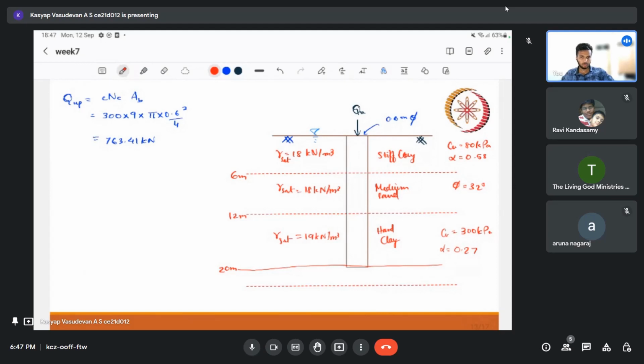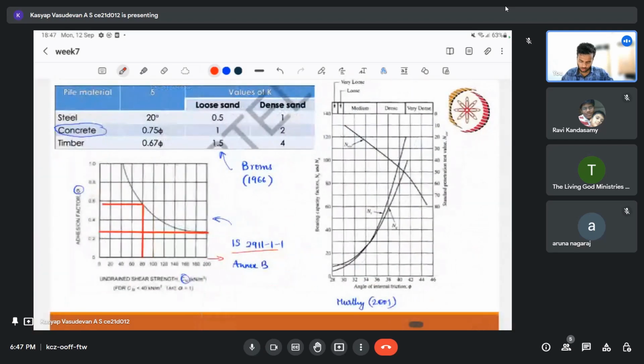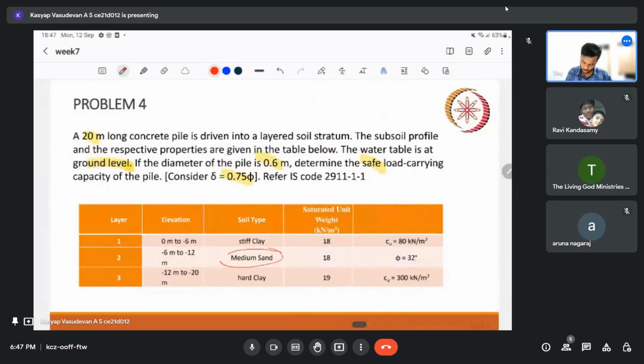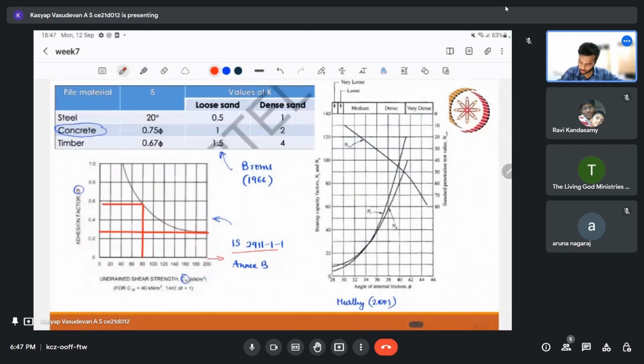We can use these values. But what about our k value? We have medium dense sand here. According to the IS code, what is suggested is 1 to 2 for concrete piles.